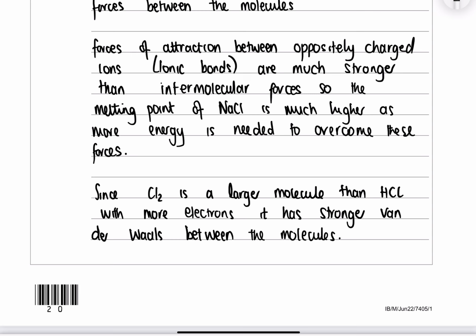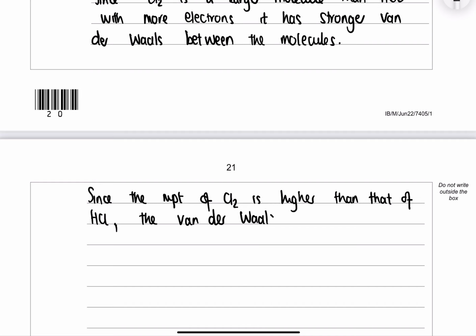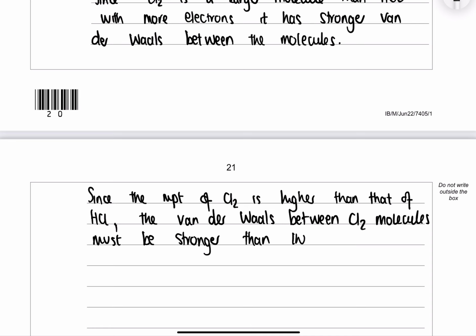And then what we can say, looking at the data, is since the melting point of Cl2 is higher than that of HCl, the van der Waals between Cl2 molecules must be stronger than the dipole-dipole forces between HCl molecules.